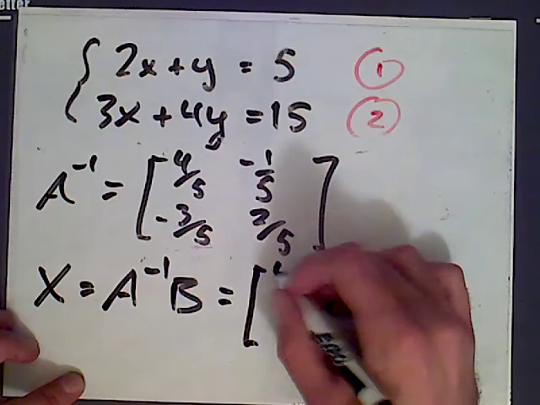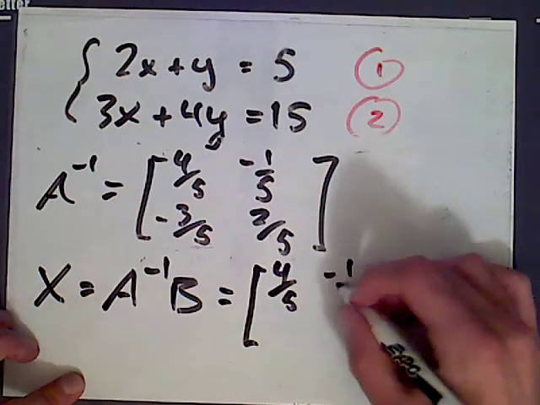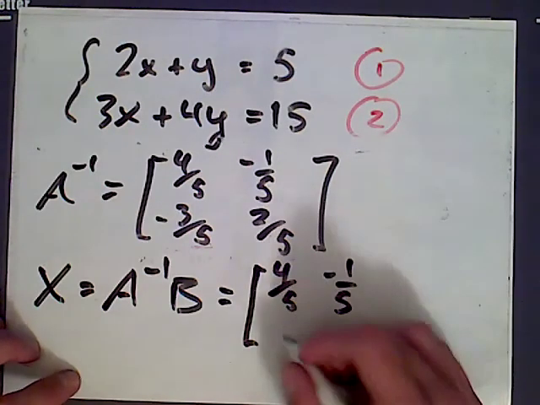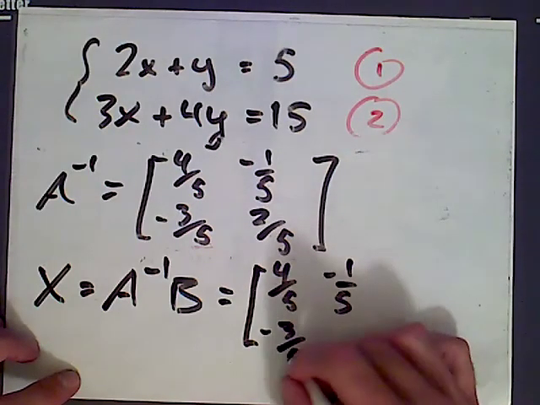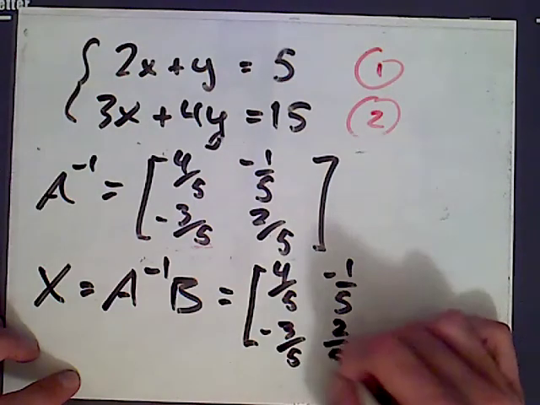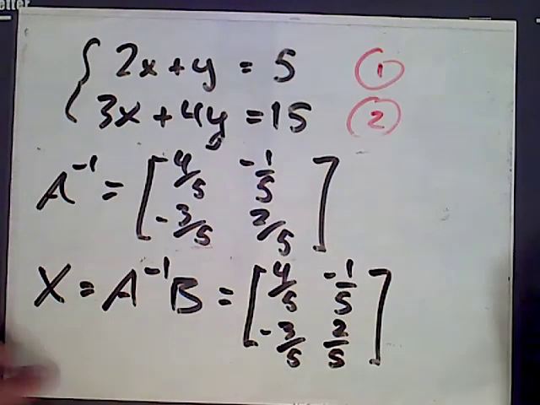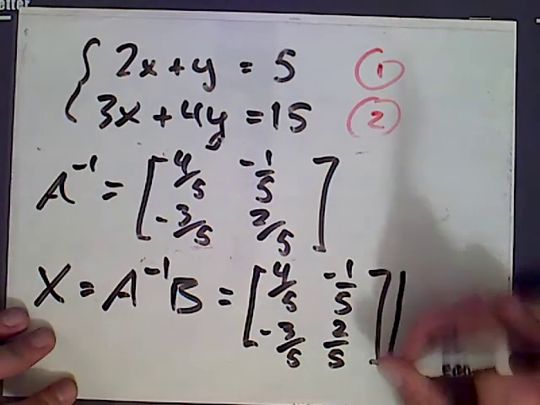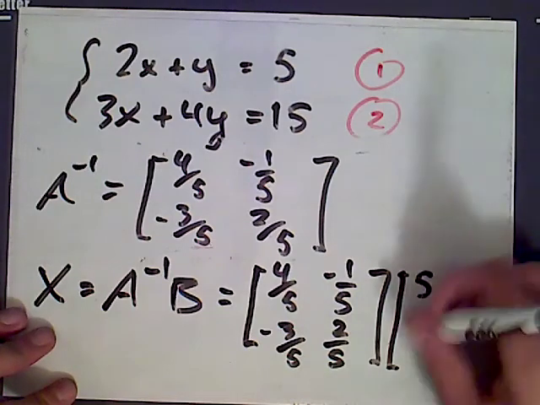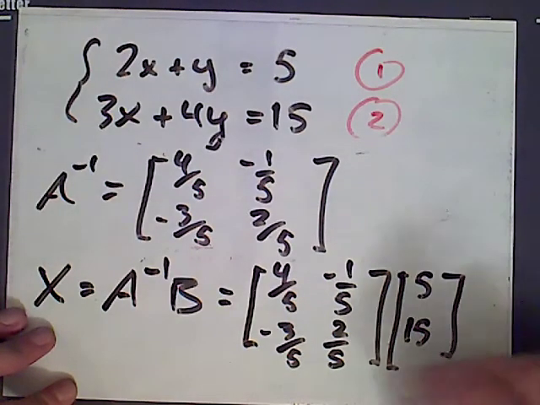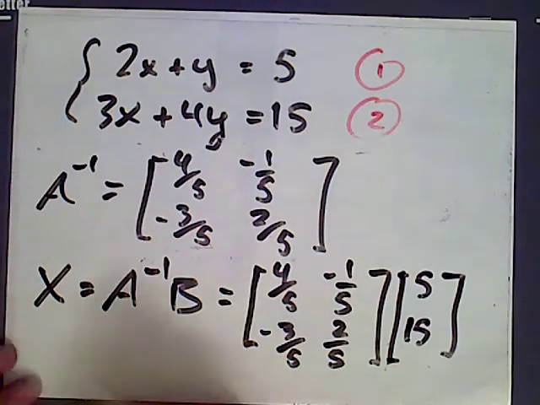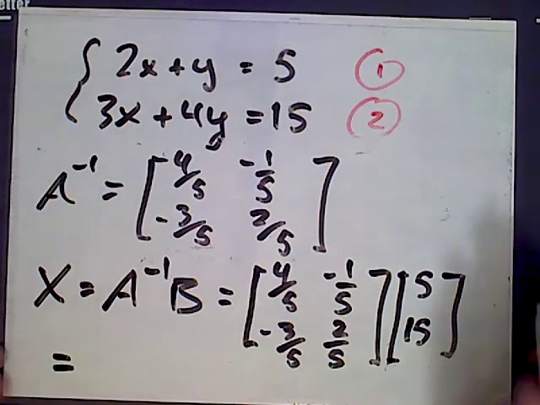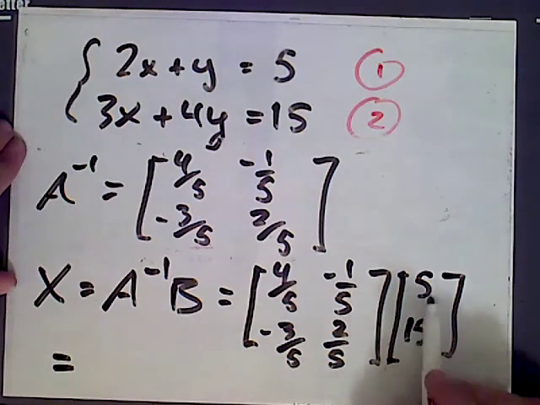So what's this going to be? It's a matter of matrix multiplication. This times 5, 15. Assuming you're familiar with matrix multiplication, what does this give? 4 over 5 times 5 gives you 4.